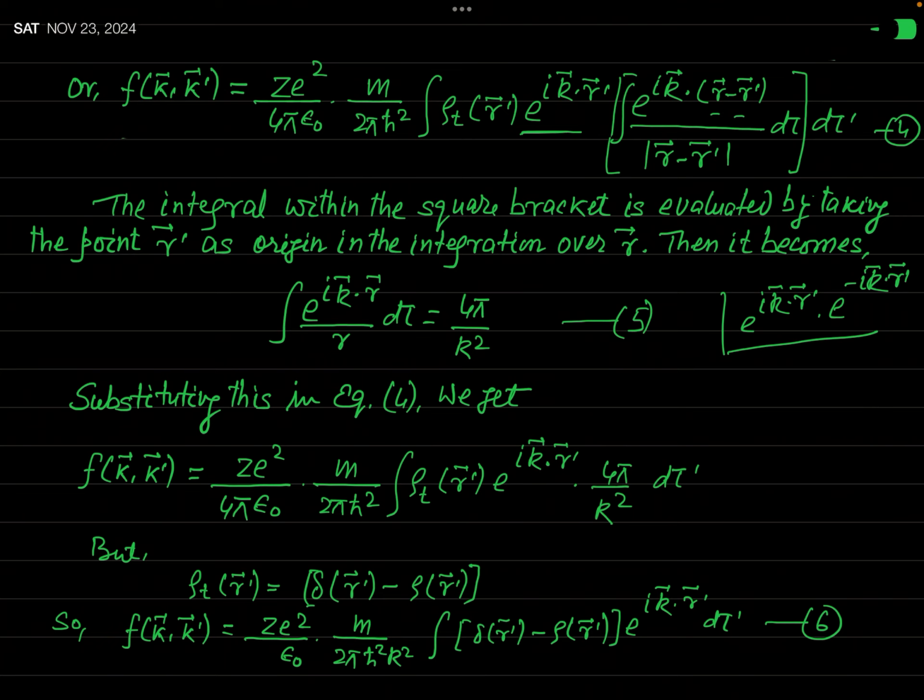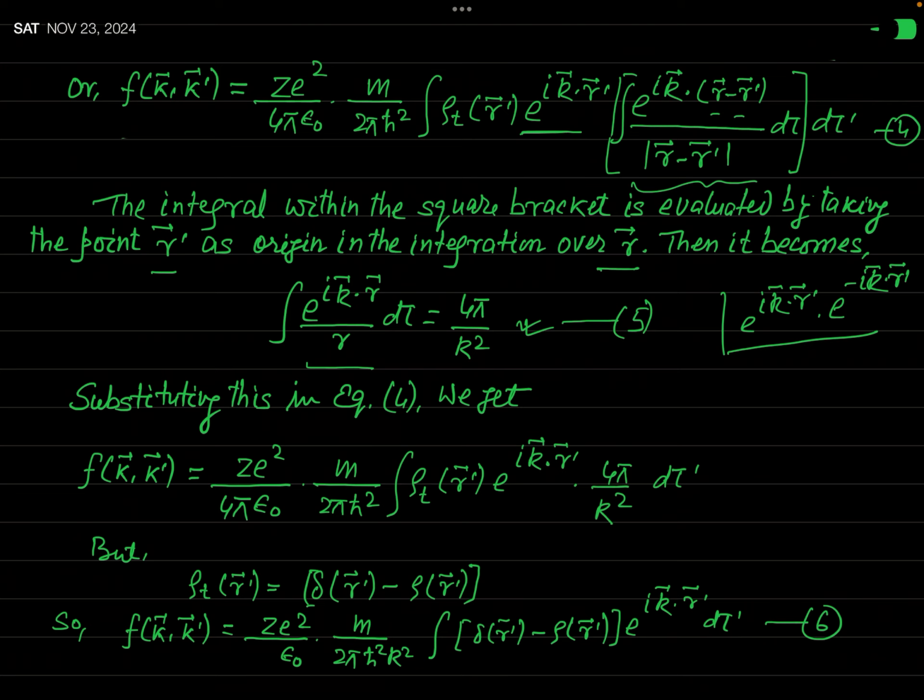In fact, the integral within the square bracket may be evaluated by taking the point r dashed as the origin in the integration over r. In that condition, we know the integral of e to the power i kappa dot r over r d tau equals 4 pi over kappa square.